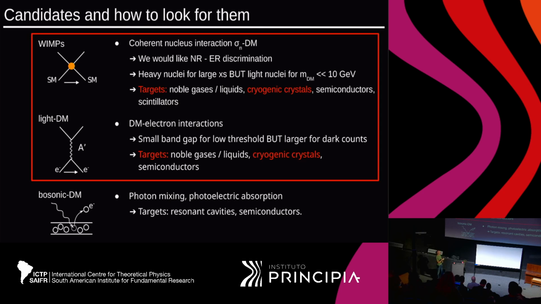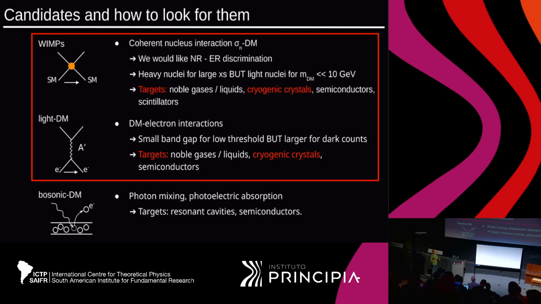We want to have nuclear recoil, electron recoil discrimination for the standard WIMP searches because the biggest rate is going to come from the interaction of WIMPs with nuclei because of the coherent enhancement of the cross-section. Then we want heavy targets, but again, heavy targets are harder to match kinematically with the dark matter candidates, so you will have smaller signals.